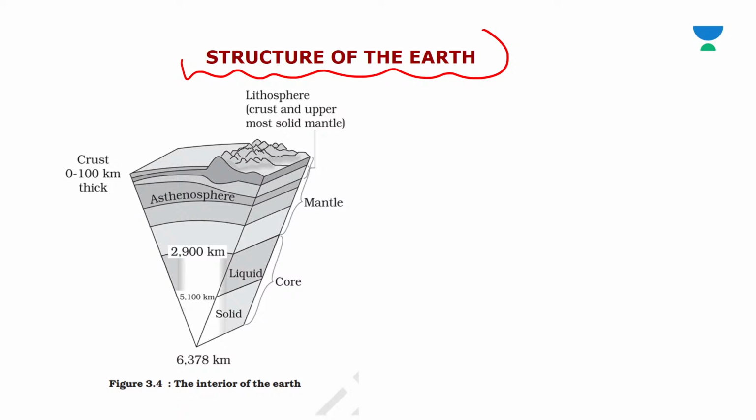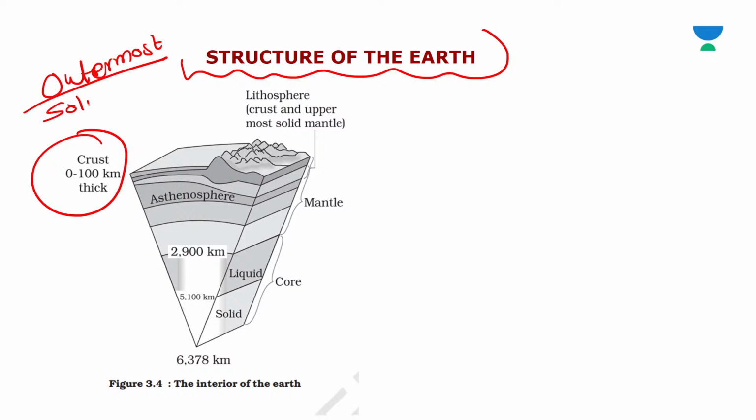So basically, the crust is the outermost solid part of the earth. It is brittle in nature, and the thickness of the crust varies under the oceanic and continental areas.